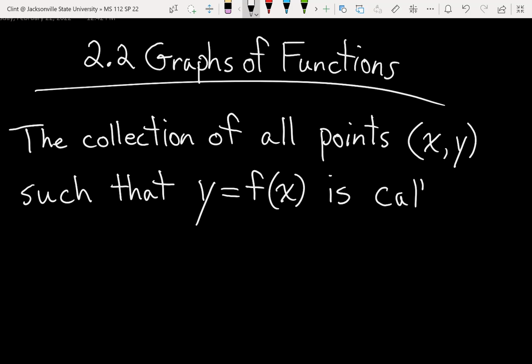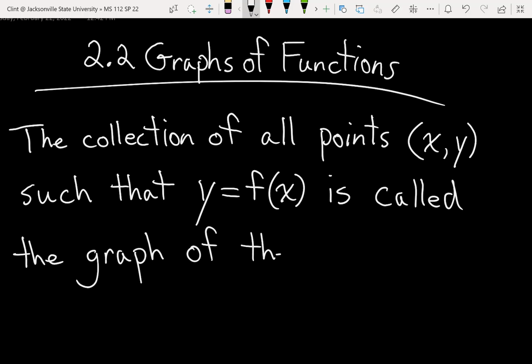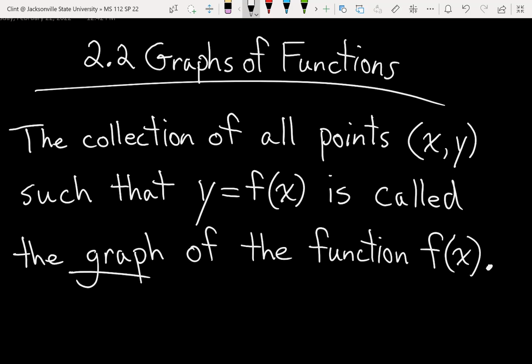If we take all of those points and plot them all, we get the graph of our function f of x. That's what we mean when we talk about the graph of a function.